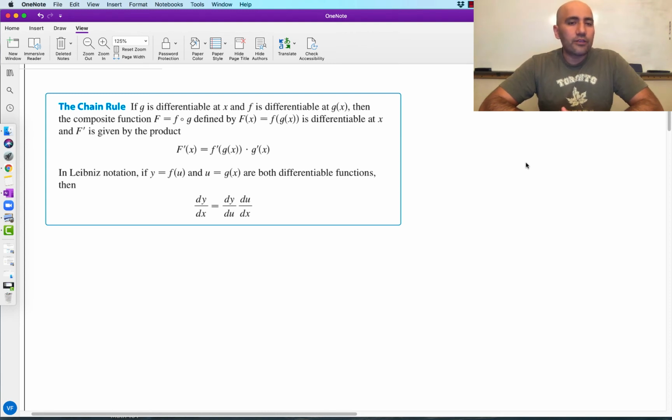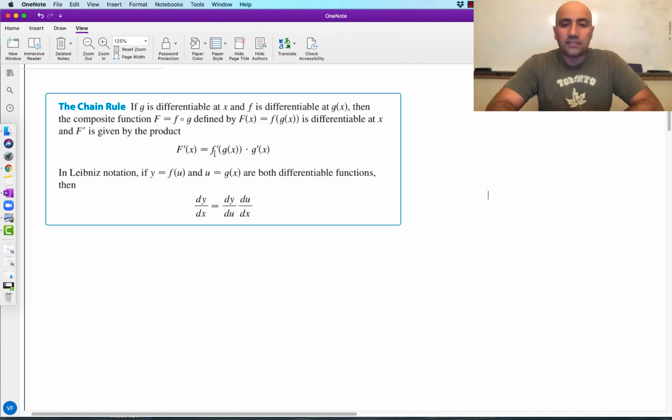If g is differentiable at x and f is differentiable at g of x, then the composition function capital F, which is equal to f composed with g, defined by capital F of x equals f evaluated at g of x, is differentiable at x, and F prime is given by the product F prime of x equals f prime evaluated at g of x times g prime of x.